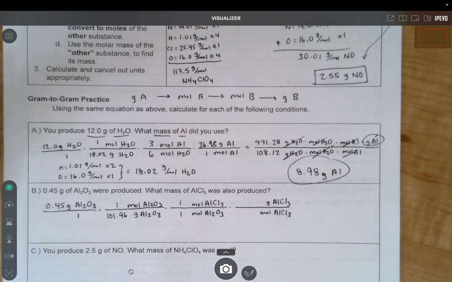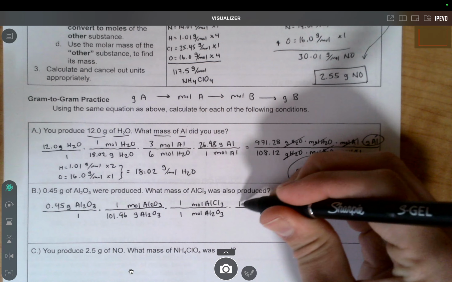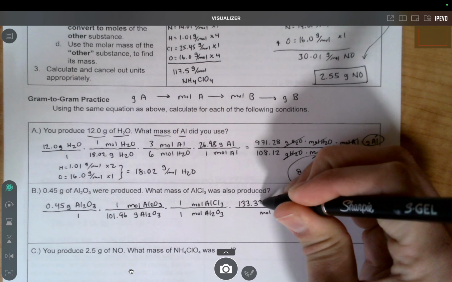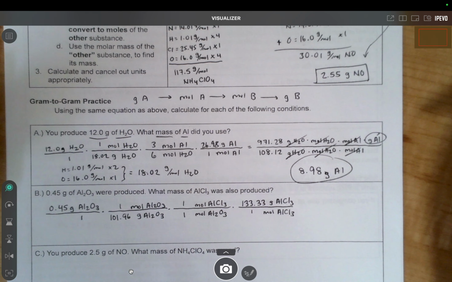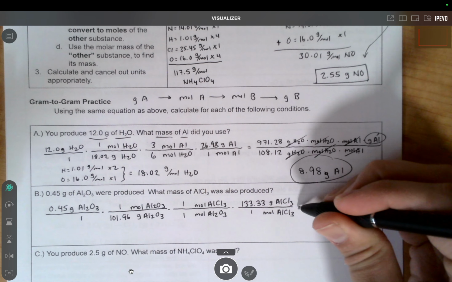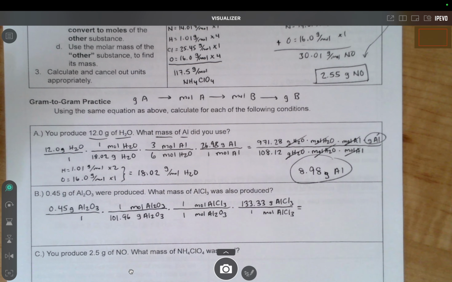Lastly, aluminum trichloride: 26.98 plus 35.45 times 3 gives us 133.33 grams per mole. Plugging all those numbers in together, we have 0.45 times 1 times 1 times 133.33 divided by 101.96, and then divided by 1, divided by 1.